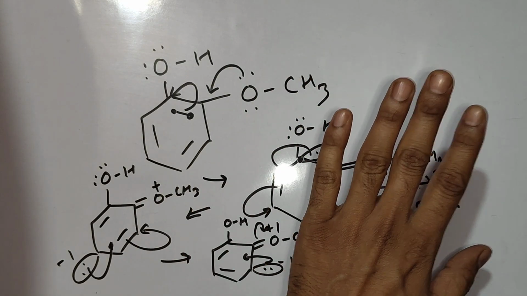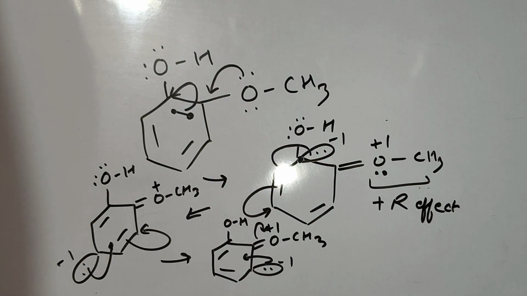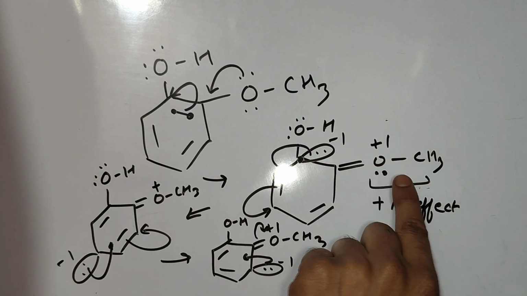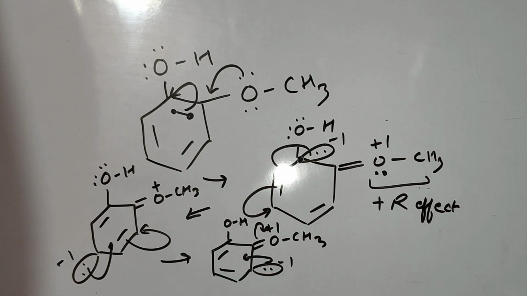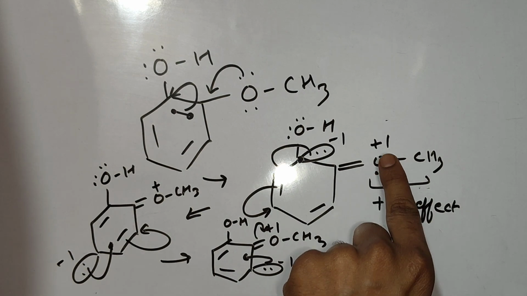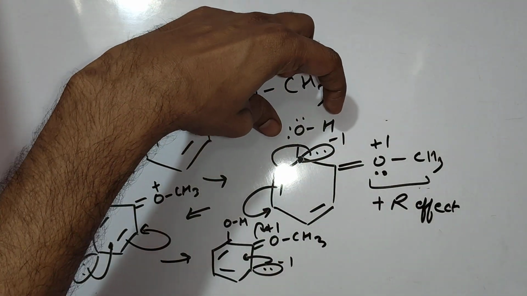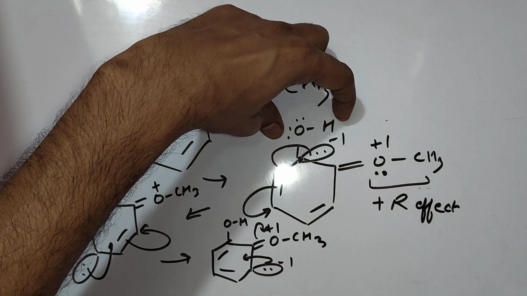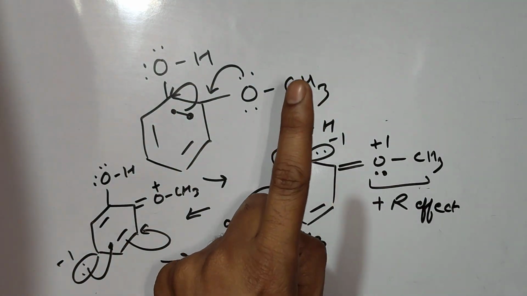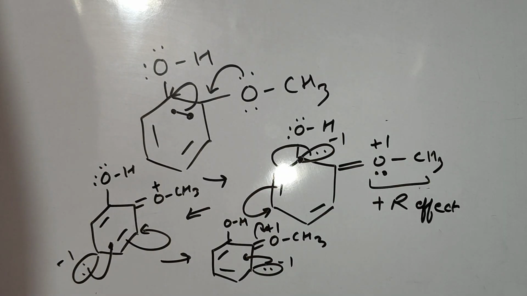Means OCH3 is showing plus R here. Due to resonance, the electron is delivered by it into the benzene ring. Now, from which position after plus R effect can it affect OH group? The answer is from ortho and para positions.